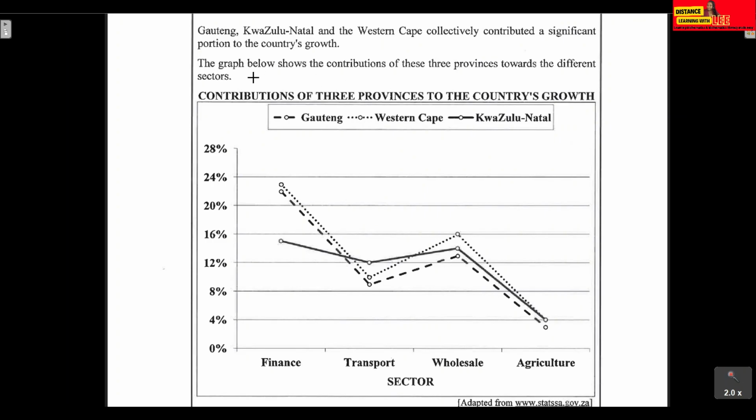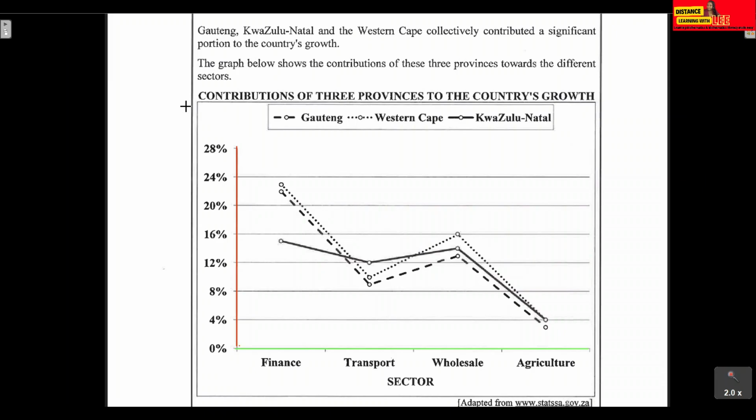The sectors given to us on the horizontal axis, which is also known as the x-axis, are finance, transport, wholesale, and agriculture. And on the vertical axis we have the percentage of the contributions made by these provinces.